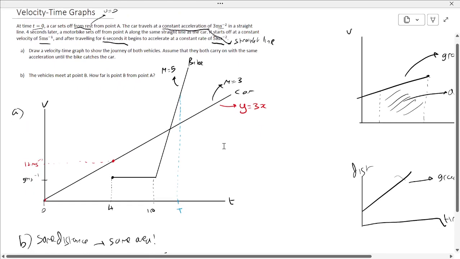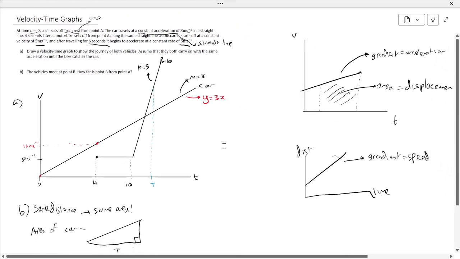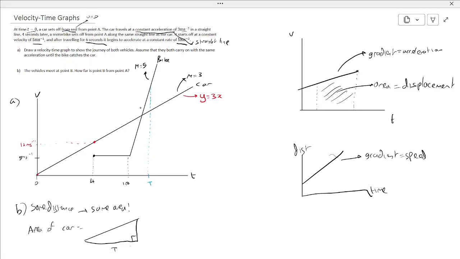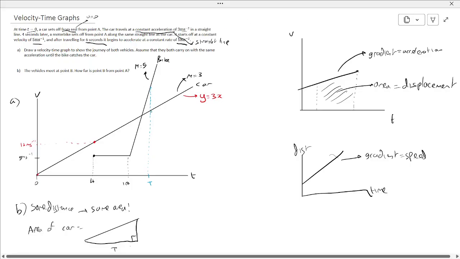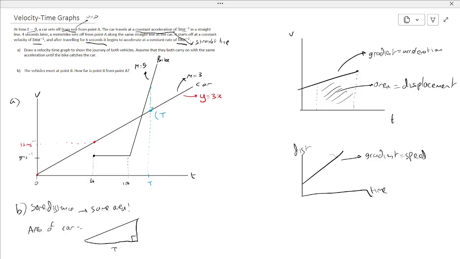The equation of this line for the car we just said was y equals 3x. So at the point where they meet at time t, if the x coordinate is t, the y coordinate will be 3t, because y equals 3x. So the height of this is 3t. So the area is equal to 1/2 times 3t times t, or 3/2 t squared. Just the area of a triangle.